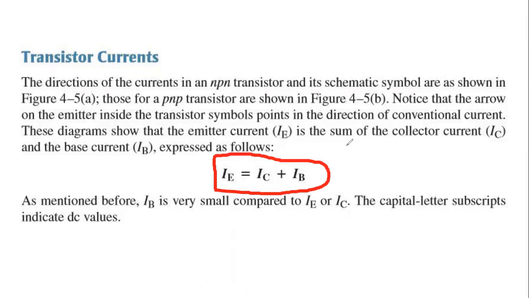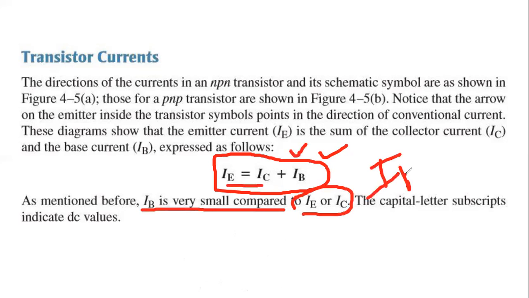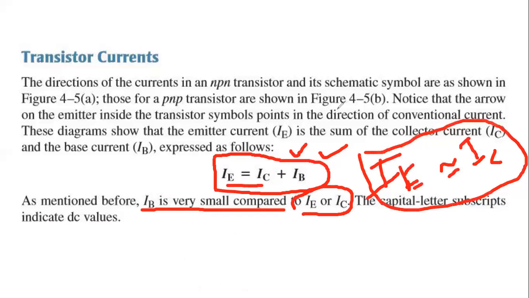The base current is very small, so the emitter current and the collector current are quite similar. The collector current is a little less than the emitter current, but as the base current is very small, we can take IE as quite equivalent to IC, because IB is very small.